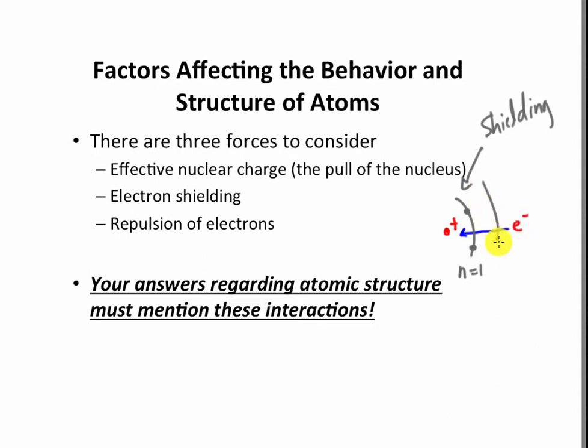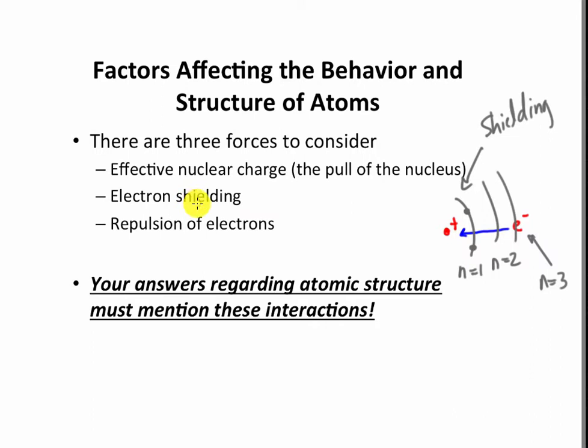Every time I add a new energy level, I weaken the pull of the nucleus on that valence electron. So the question is, what energy level is this electron in? Because if it's in energy level 3, it's being shielded by these two energy levels, and that's electron shielding. Earlier energy levels that are filled will shield the outer electron.